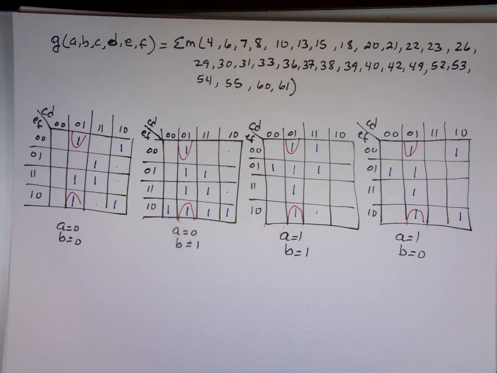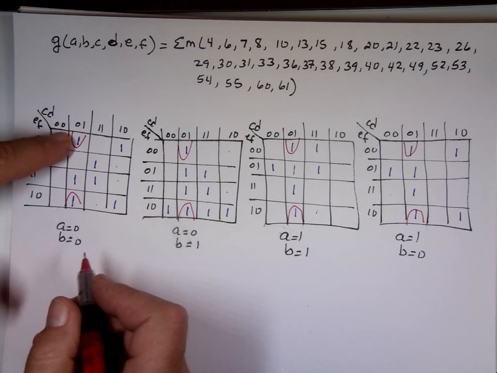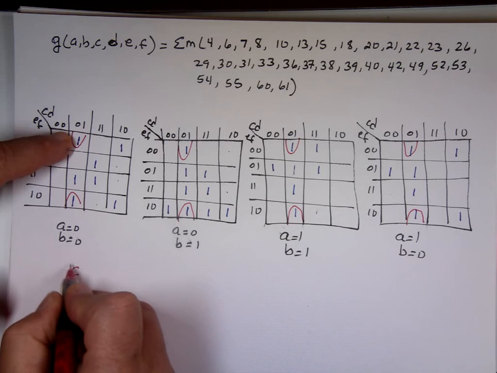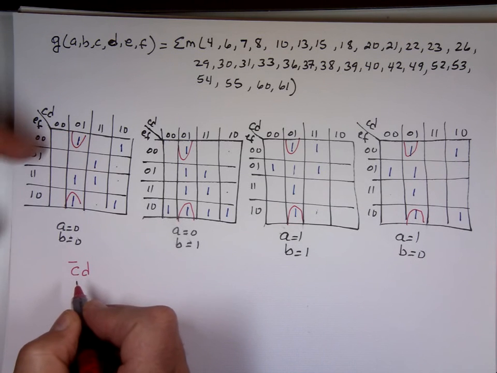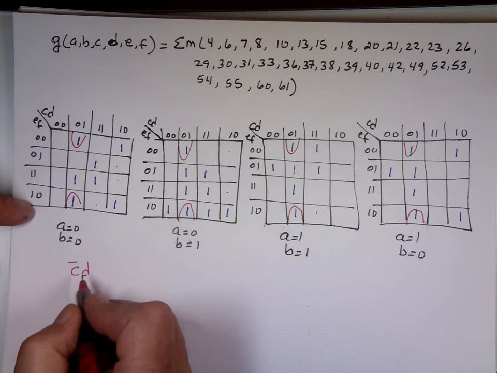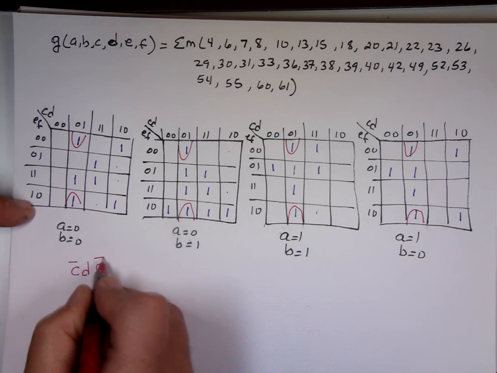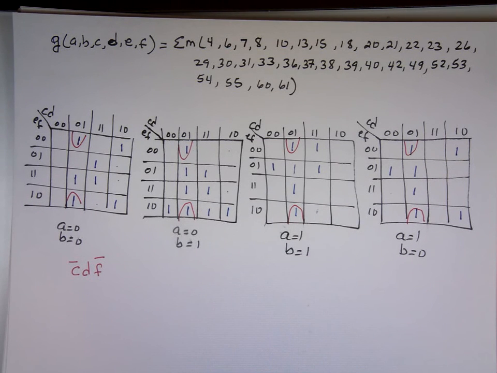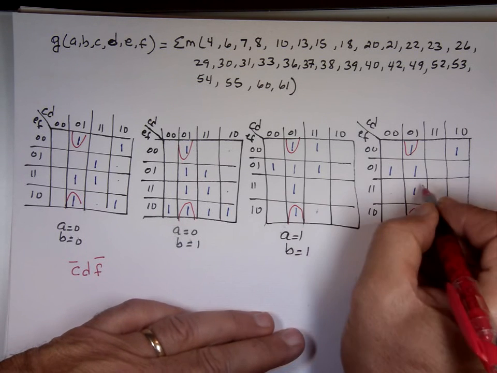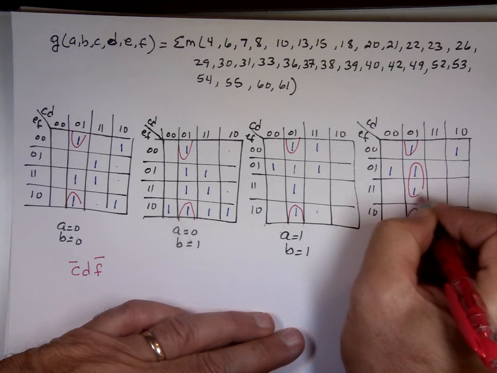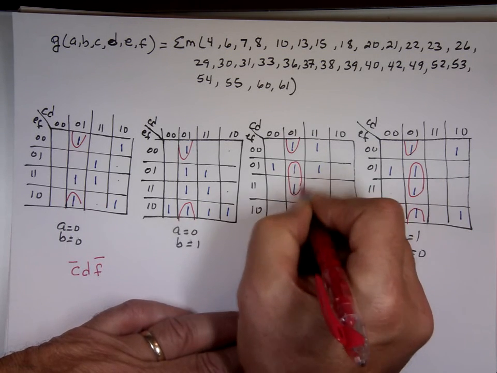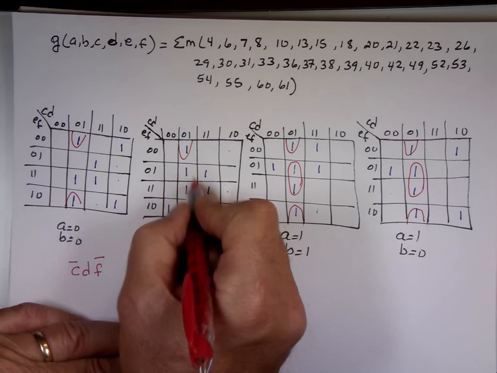C bar, D, E is changing, that's gone, F is 0, F bar. I also notice, unless I am blind, you tell me if I see this. Uh-oh. Nope, I am blind, I guess.